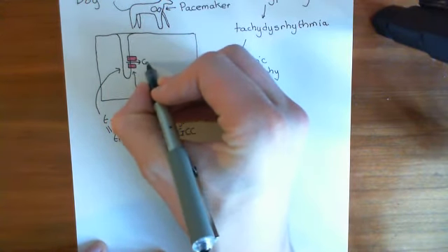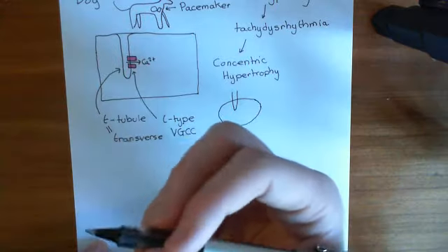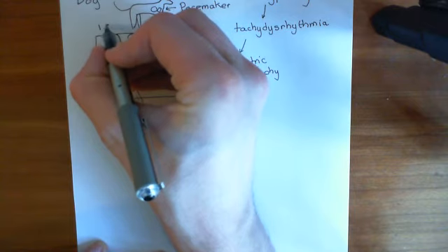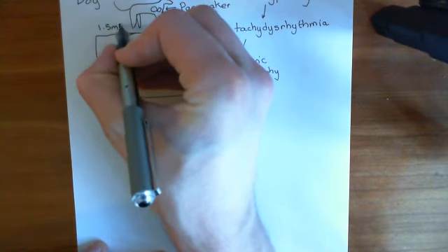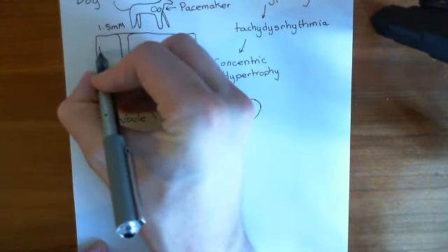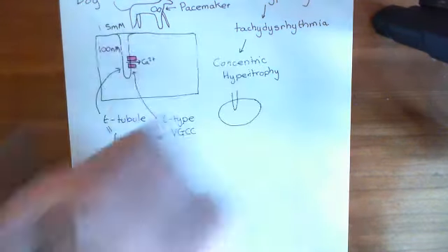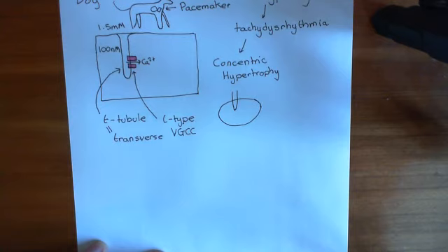So calcium is at a much higher level extracellularly than it is intracellularly. In fact, calcium extracellularly is usually around 1.5 millimolar, whereas calcium intracellularly is around 100 nanomolar. So basically, there is a 15,000-fold gradient favoring the movement of calcium into the cell. So when you open these L-type voltage-gated calcium channels, you're most definitely going to get the movement of calcium into the cell.